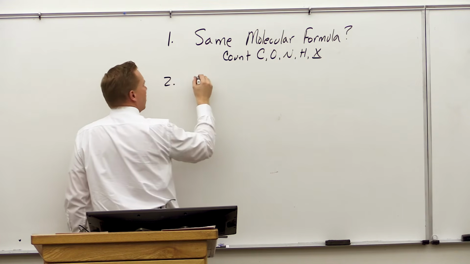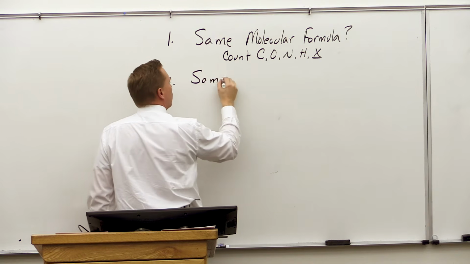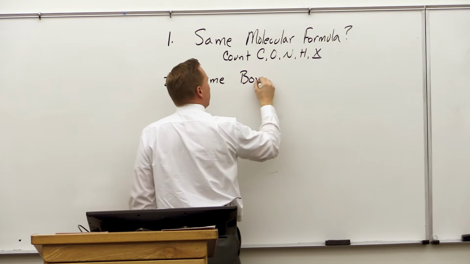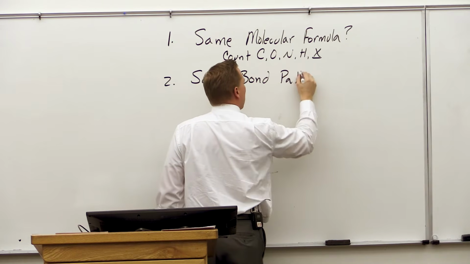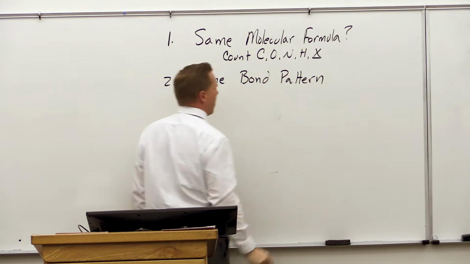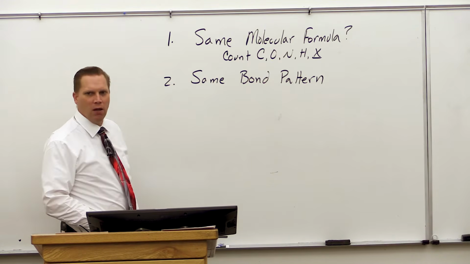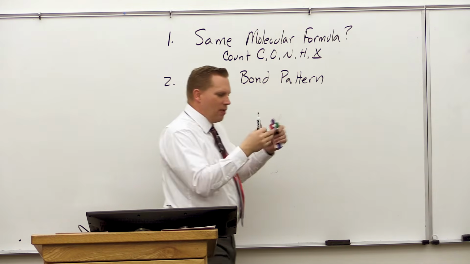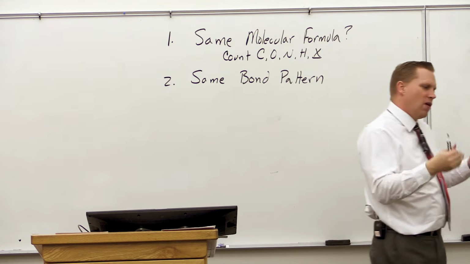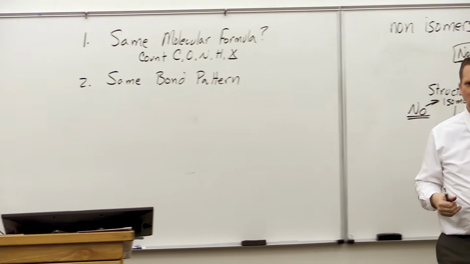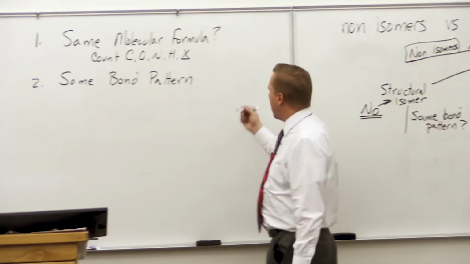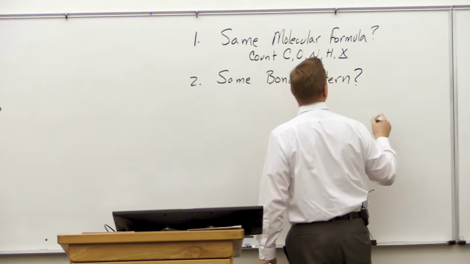The second, we ask ourselves, do they have the same bond pattern? Okay? That was, remember, the same molecule, same atoms or elements are attached to each carbon. Okay? Do they have the same bond pattern?